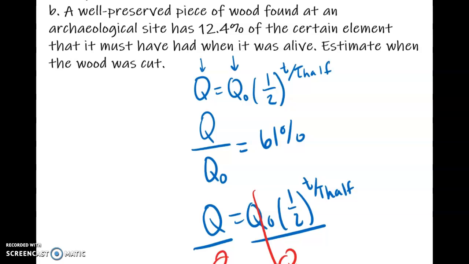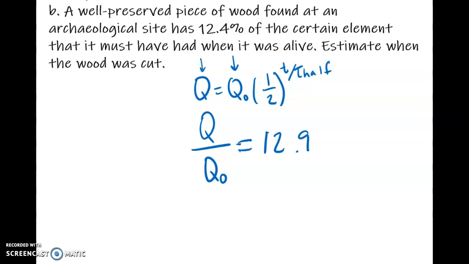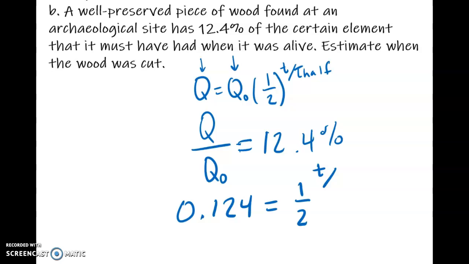So this time I'm using the same formula, but now this q over q sub 0 is the 12.4%. And so let's put that in, and we'll put our half-life in.